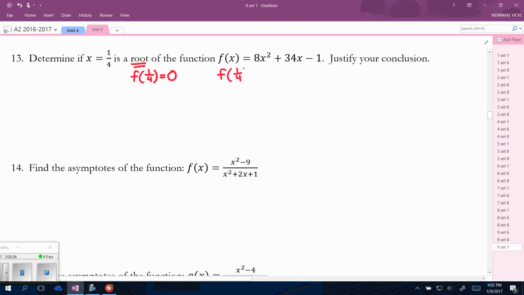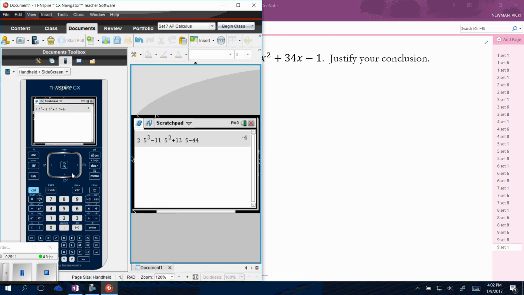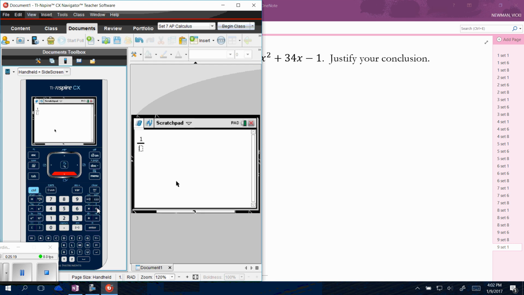I would go to my calculator. I would actually store this time. So this time I would go ahead and say 1/4, store it for M. So 1/4 is stored for M, okay? And then go ahead and type in the function.